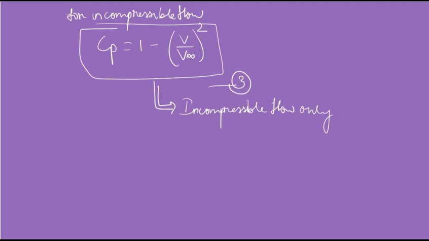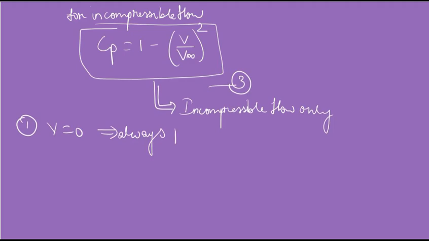We have some important conclusions coming out from this equation 3. What are those? Let us have a look. From equation 3, you can see that the pressure coefficient at a stagnation point, that is where V is equal to 0 in an incompressible flow, would always be equal to 1.